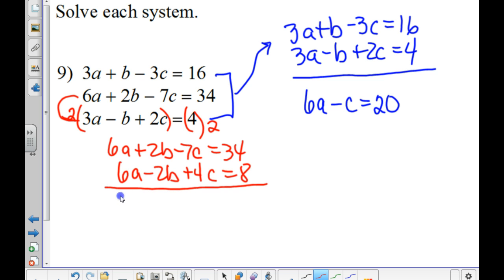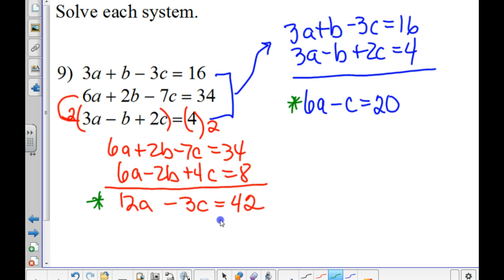If I add those together, I have 12A minus 3C equals 42. How am I doing? Anybody spot a mistake yet? We need to combine these two equations now and use elimination.